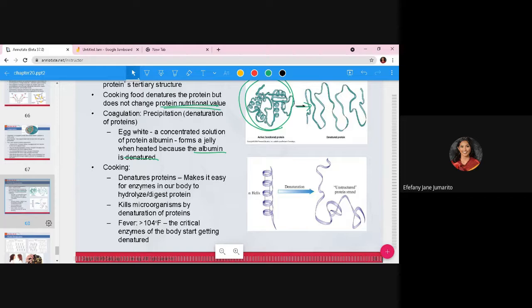So that's why when we have a fever, we take medicine to reduce the heat, because if your heat continues, your proteins and enzymes will be denatured. Then when that happens, when the structure changes, it will respond with a different function.